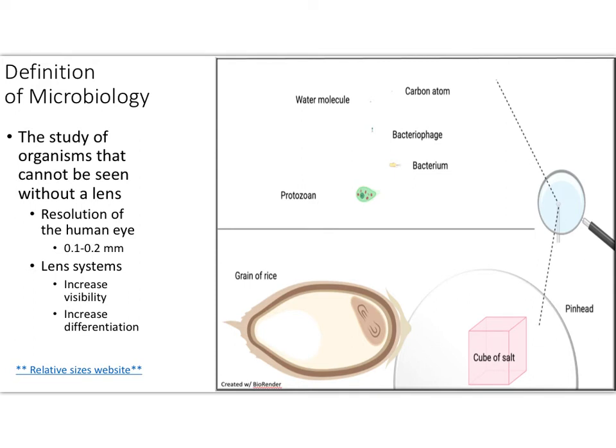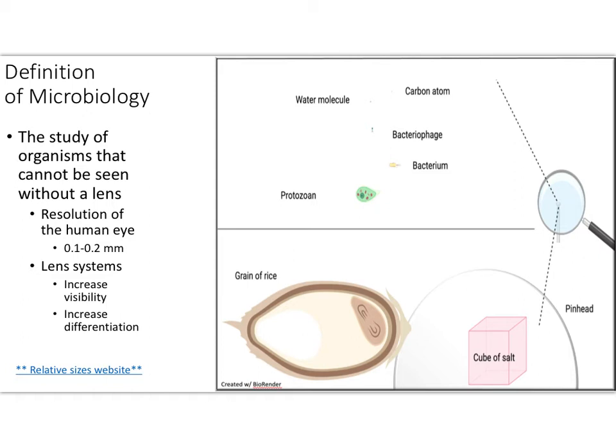So at this point in the lecture, you've heard a lot about the importance of microbes and the influence that they have over our lives, but hopefully you've asked yourself, what are microbes? She keeps talking about them and throwing these words out there, but she hasn't really defined them yet. And that is true.